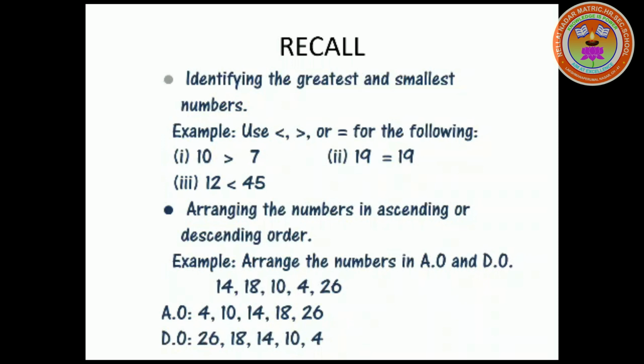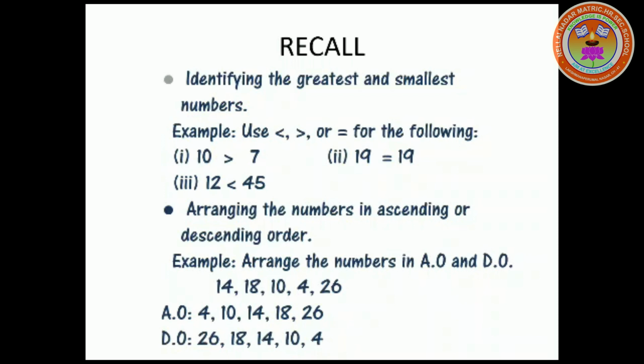After using the symbols, we learn to arrange the numbers in ascending and descending order. An example is given below. Arrange the numbers in AO and DO. AO is ascending order while DO is descending order. 14, 18, 10, 4, 26. These are the numbers to be arranged.